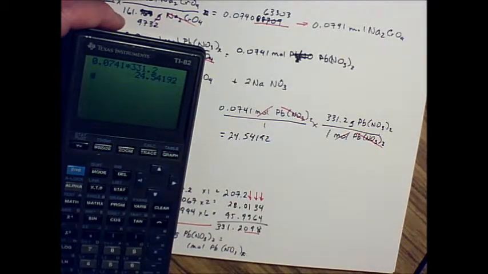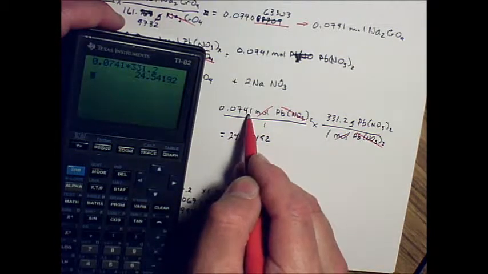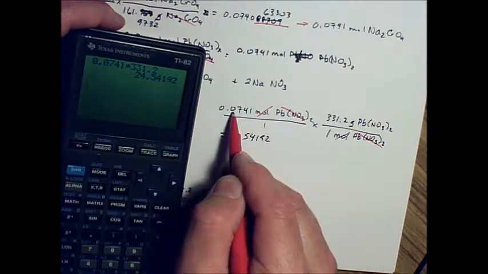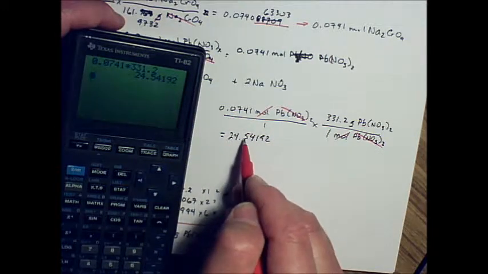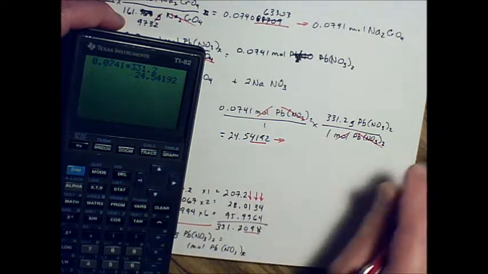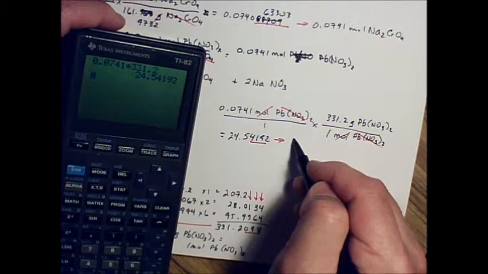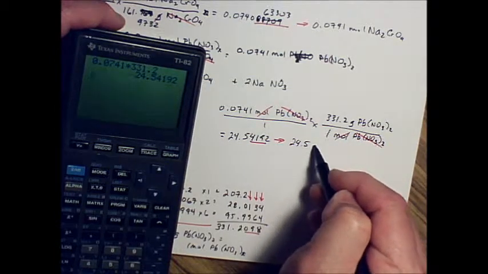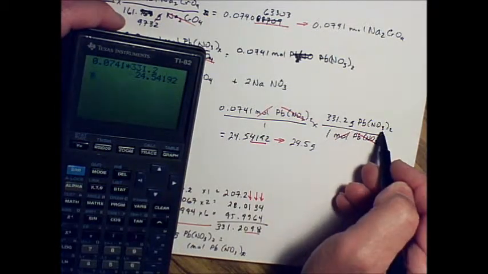I need to round it off to how many digits? 3 digits. This number has 3 significant digits. Leading zeros are not significant. So we want to count 1, 2, 3 and underline, draw an arrow. And we get 24.5 grams of lead(II) nitrate.